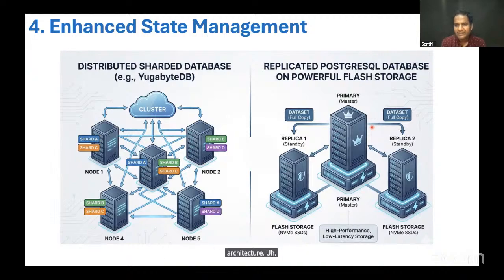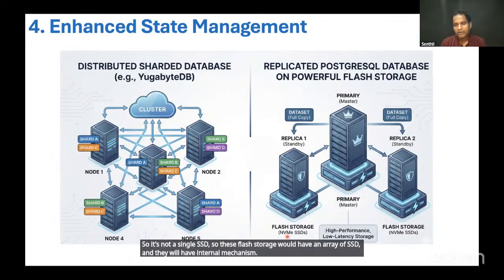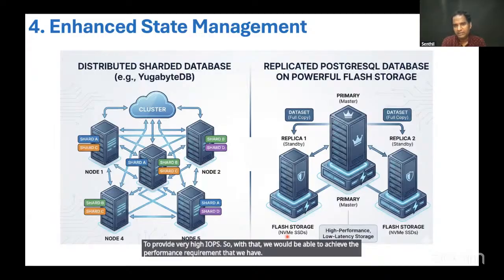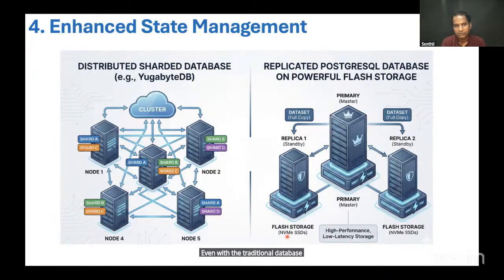For this architecture to provide very high performance, it is necessary to use a commercial flash storage system, not a single SSD. These flash storage systems have an array of SSDs and internal mechanisms to provide very high IOPS. With that, we would be able to achieve the performance requirement that we have, even with a traditional database like PostgreSQL. So these are the four ideas that we had when we decided to scale the committer.